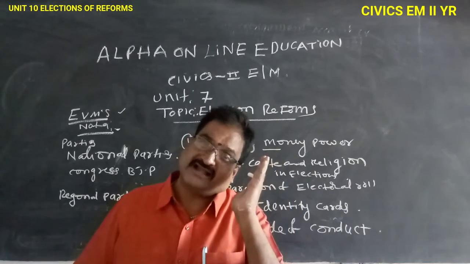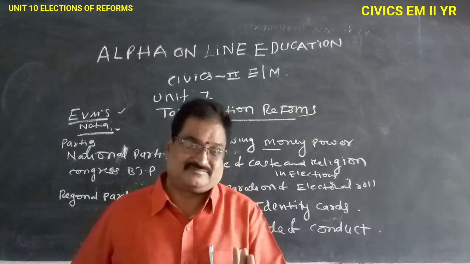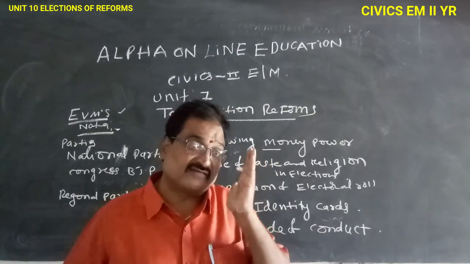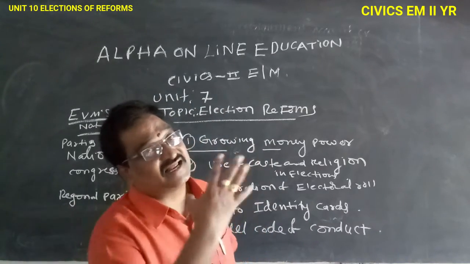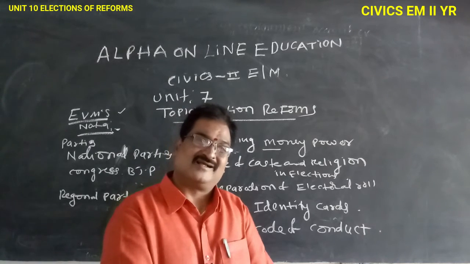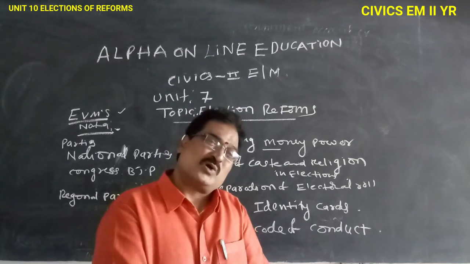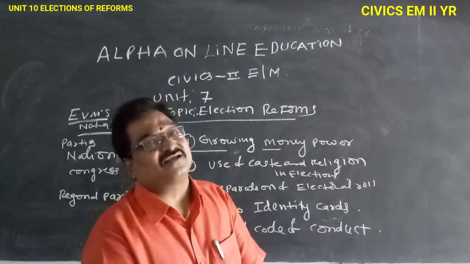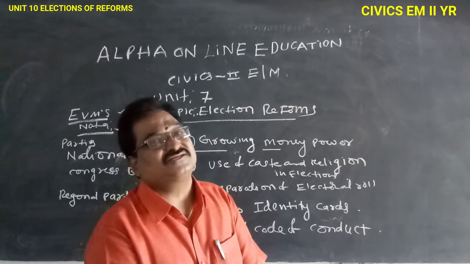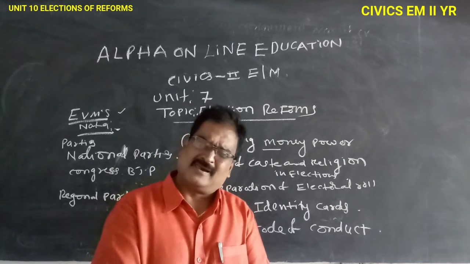So the contesting candidate is a man. India is a secular country, so a common man can also contest in election. At the time of election, the voter should use the vote neatly.